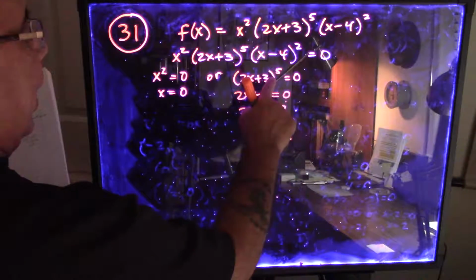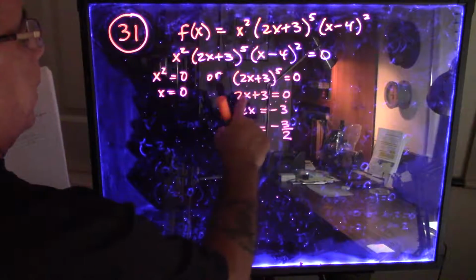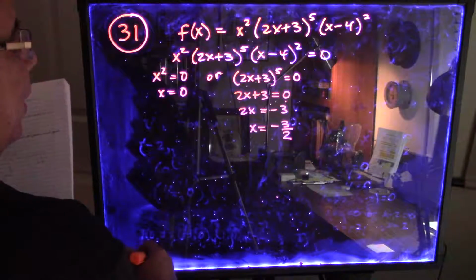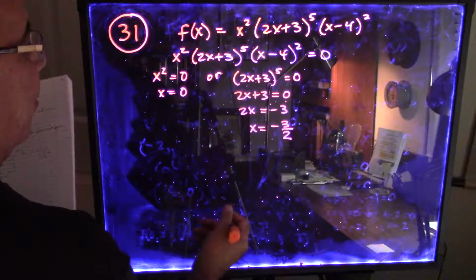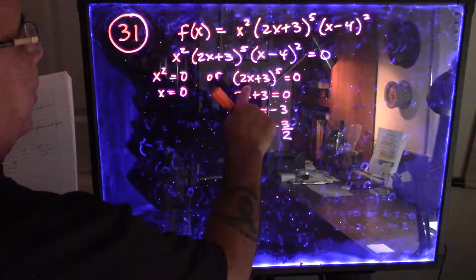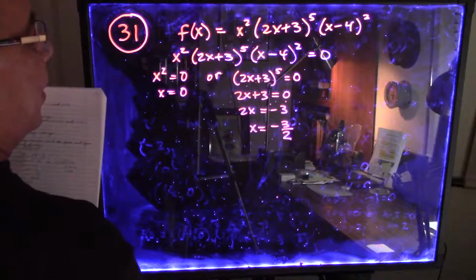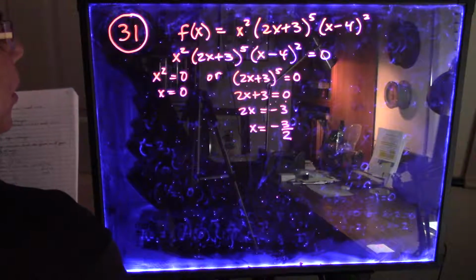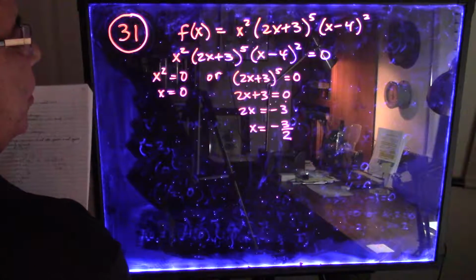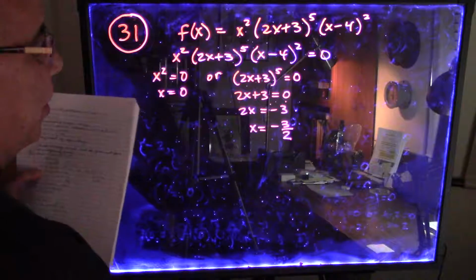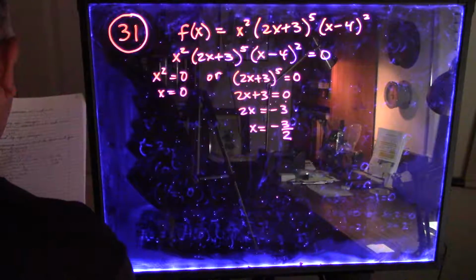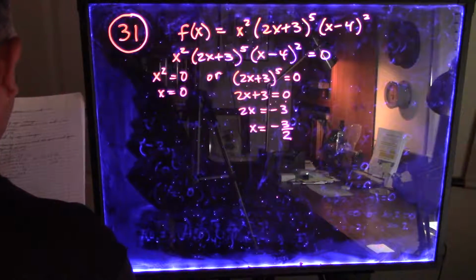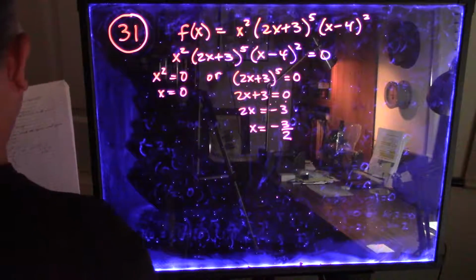So since this is an odd power, when you take the odd root of both sides, you don't have to worry about plus or minus. For example, 2 cubed equals 8, so the cube root of 8 is equal to 2. There's no negative 2 there because negative 2 cubed is negative 8. Alright, so with odd roots you don't have to worry about the plus or minus.